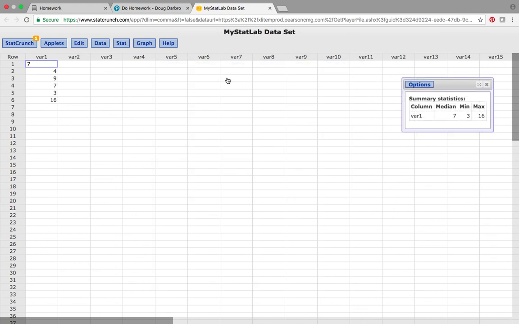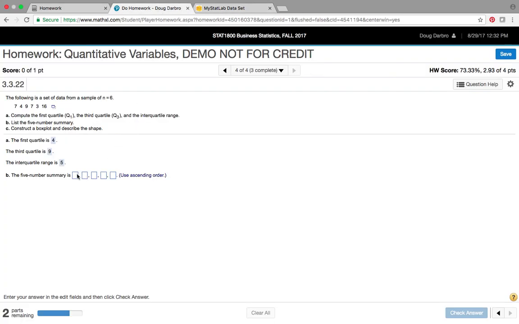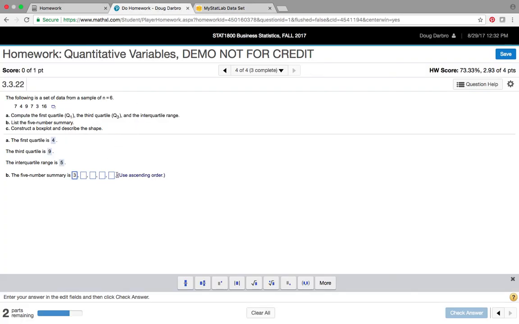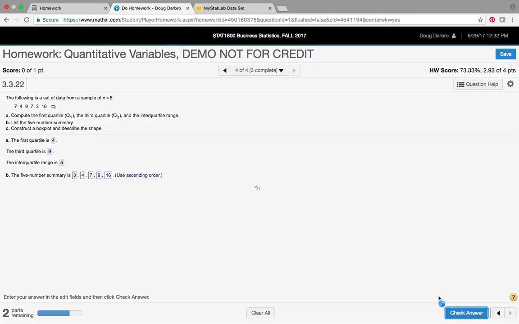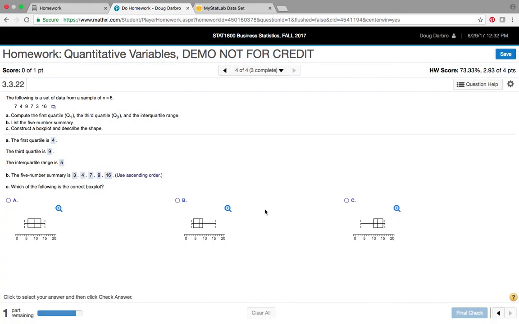So 7 and 316. So 3, 16, 7, 4, and 9. This is an easy problem. These are much easier when we don't have decimals.